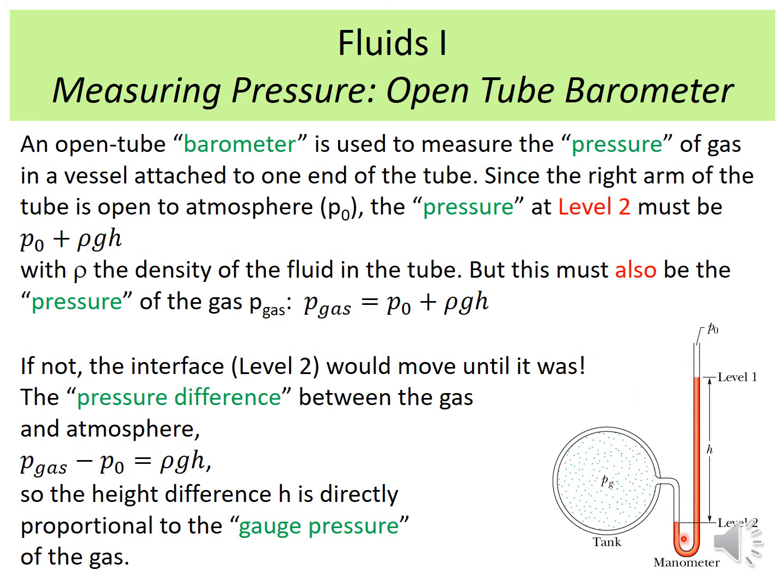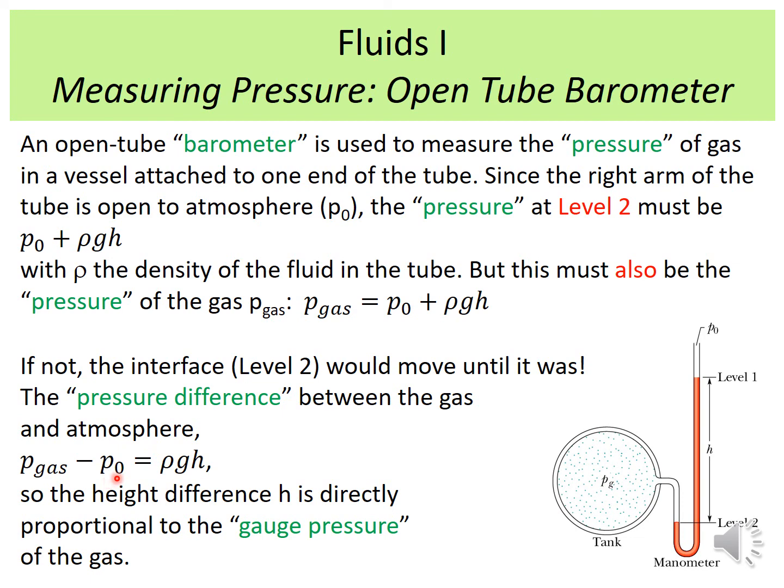And then again, as in the previous U-form before, we have to know that the internal pressure at the level is identical. So we can write that the gas pressure, which is of course also here at the interface between the gas and the liquid, P gas, is nothing else than this P0 plus rho times G times H. So if you want to know what the gas pressure is, using that height here, we can rewrite this equation.